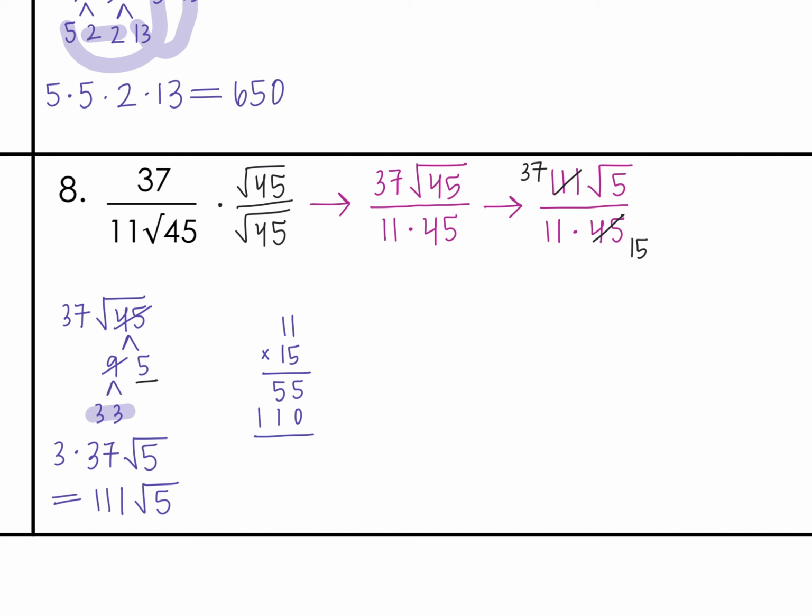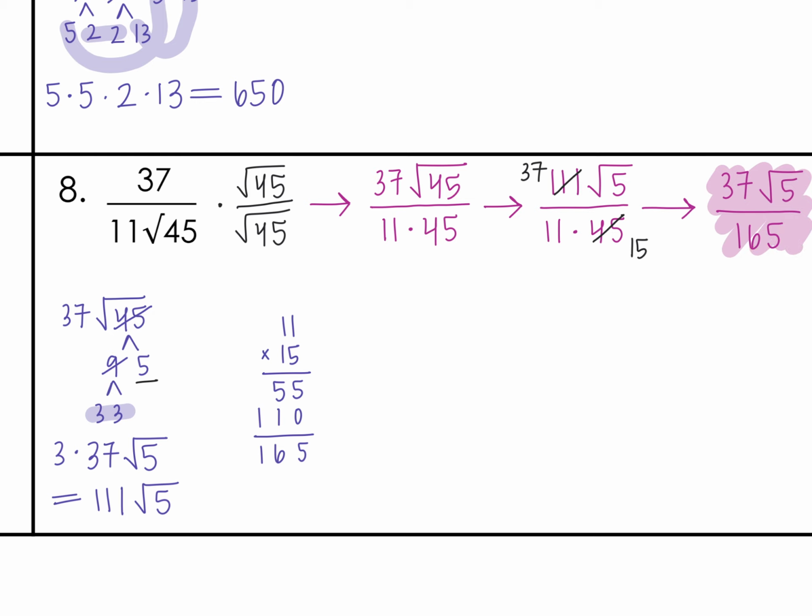So adding these together, I'll get 165. So going right back over here for my final step, I'm going to have 37 square root of 5 over 165 in my denominator. And there you have your answer for number 8.